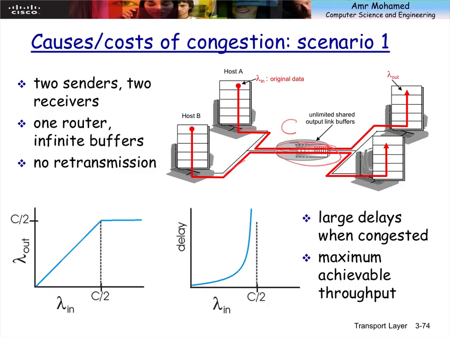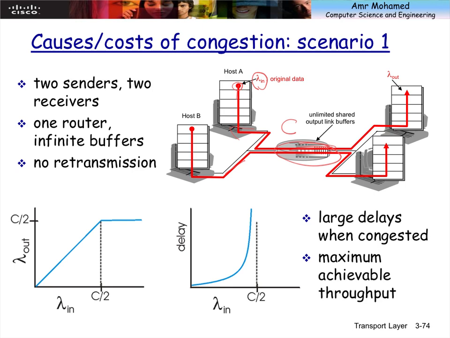They are sharing the same router, so C over 2. We can model the transmission rate from the transport layer as lambda in, which is what the application is sending to the transport layer. All these segments will go through the network with no segment loss whatsoever, which means the transport layer will never have to retransmit anything.